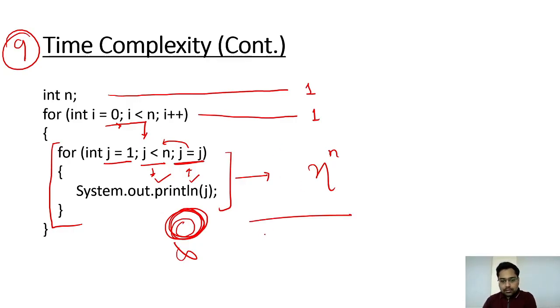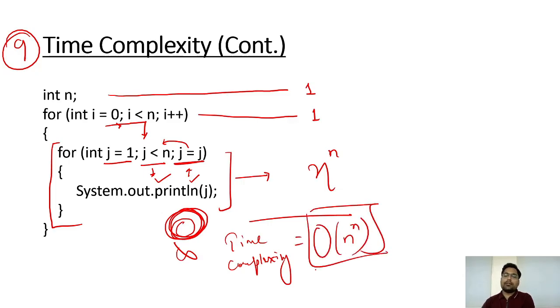That's why the total complexity will be the maximum, which is super polynomial. Super polynomial. Do not say it's exponential, because n to the power something is considered polynomial. So n to the power n is written as super polynomial.